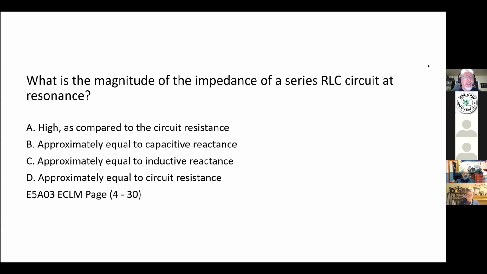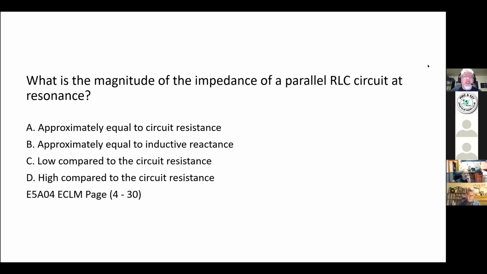C, approximately equal to the inductive reactance. Or D, approximately equal to the circuit resistance. Delta is correct. It's approximately equal to the circuit resistance when it's at resonance.